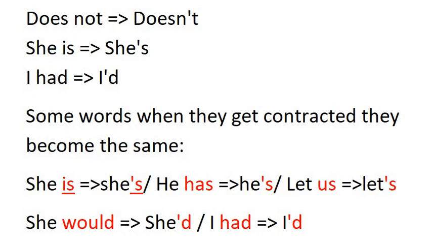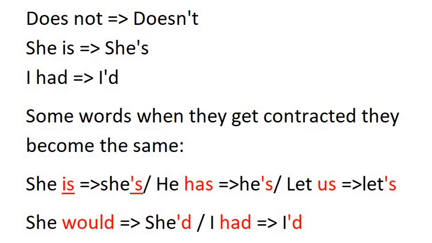Also let us, it's going to be let apostrophe s. And I'm going to say she's, he's, let's. So after I removed the I from the is, I got apostrophe s, and after I removed the h and the a from the has, I got apostrophe s, and after I removed the u from the us, I also got apostrophe s.